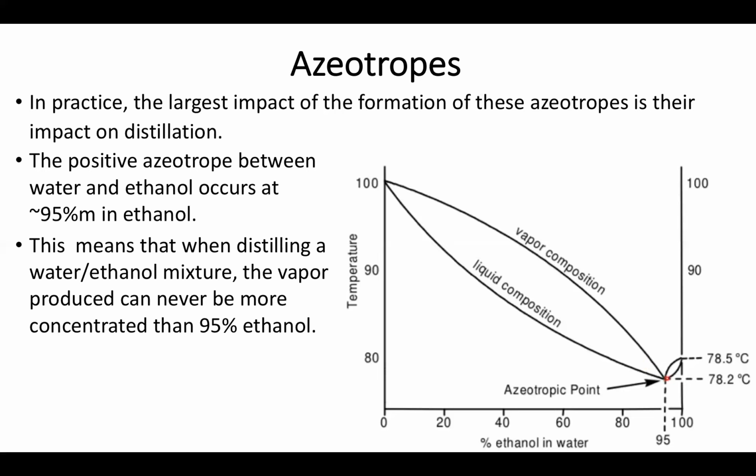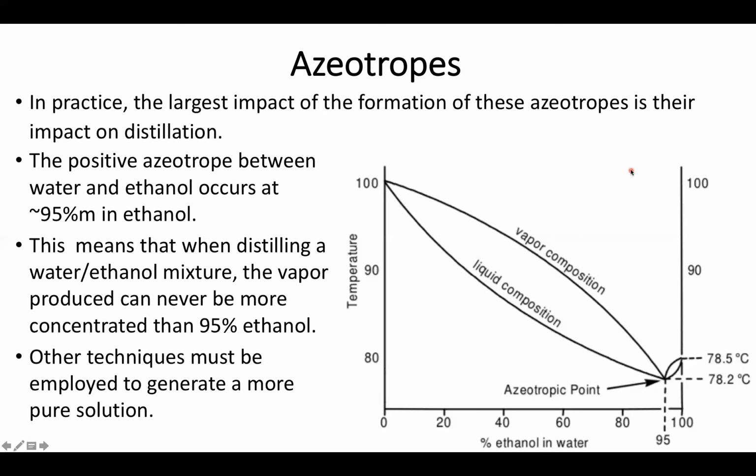And this is one of the biggest implications of having dissimilar IMFs: you either generate a positive azeotrope, which boils easier, or a negative azeotrope, which is harder to boil. And in this case, if you're going to generate a solution that is more than 95% ethanol, you have to use some other technique.